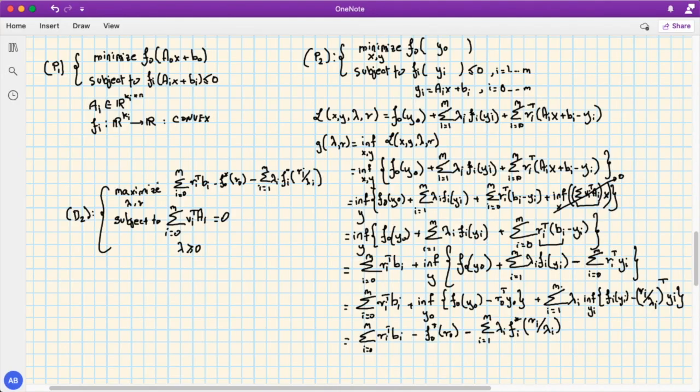Now, of course, some of the lambda i's turn out to be 0, in which case the nu i's will be non-zero. In this particular case, if this nu i is not 0, then what happens? Take a look at the denominator. If this is fi conjugate with 0 in the denominator, then you're taking the conjugate at infinity, and this thing will blow up to infinity.